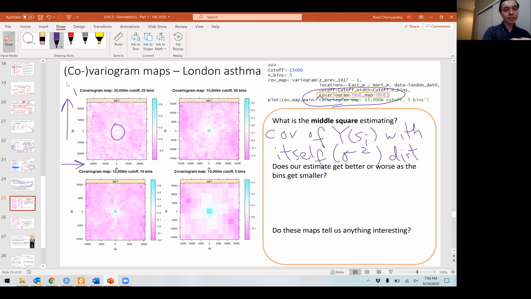These have bins, right? So that blue square right there is basically averaged covariances of data within a 1 kilometer bin in any direction. Does our estimate get better or worse as the bins get smaller?